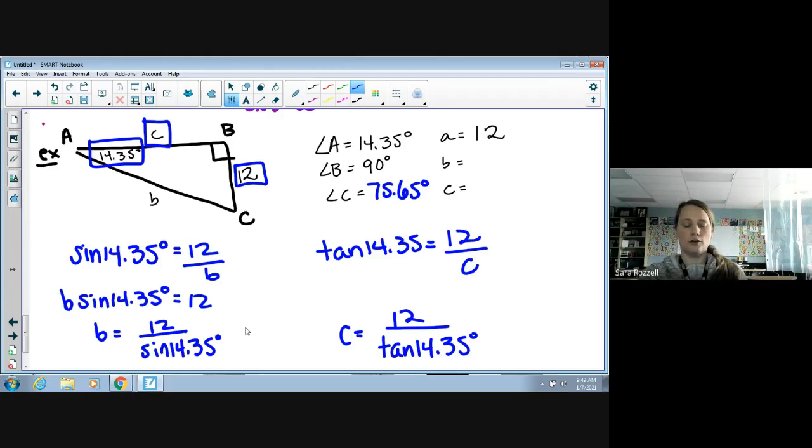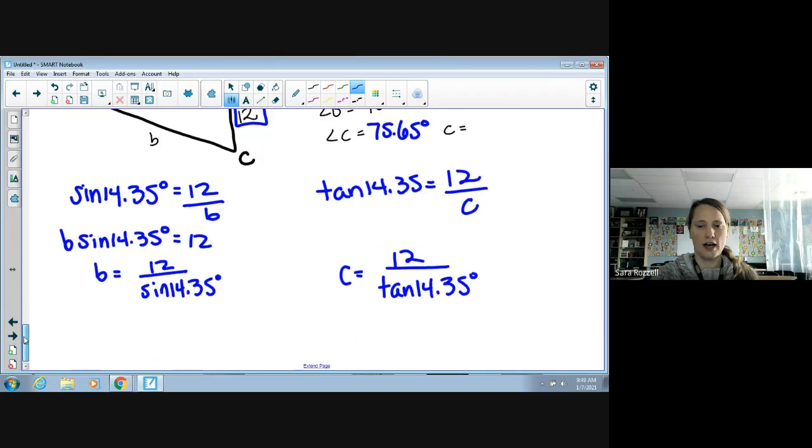So for these, we make sure on our calculator we are in degree mode. Type in 12 divided by sine 14.35 and write down our angle measure and then our side length, and then we do it for the other one.